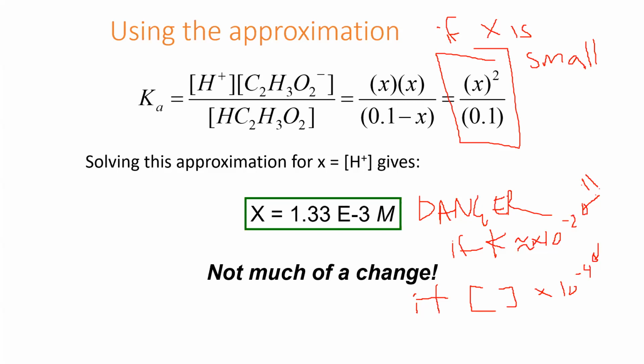So if you see a big K, meaning times 10 to the minus 2, or you see a small concentration, if your F sub C is going to be times 10 to the minus 4 or less, then you go, oh, wait a minute, I might need to solve the quadratic.